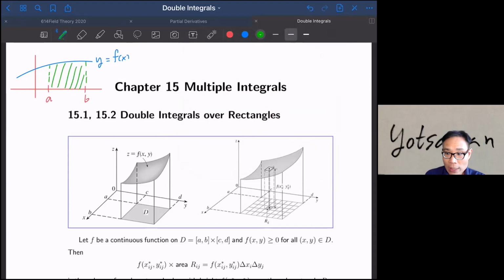If you'd like to find the area under this curve, you can find this area as the integral from a to b of f(x) dx. And this is what we learned in calculus 1.